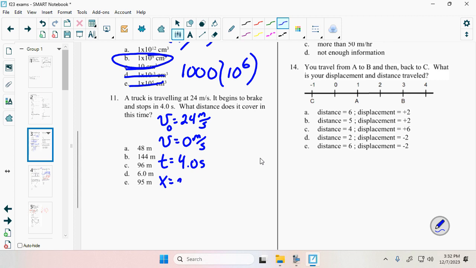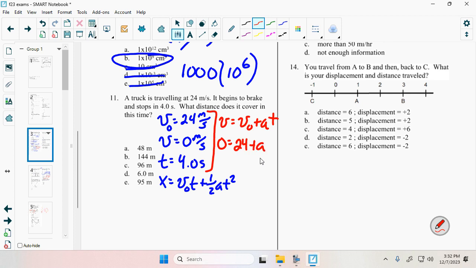Now I know that x is equal to v naught t plus 1/2 at squared. But notice I don't know the acceleration. However, I can find the acceleration because I know that v is equal to v naught plus at. That is 0 equals 24 plus a times 4. So a is equal to -6 meters per second squared. Which jives with what I think it should be because it's slowing down.